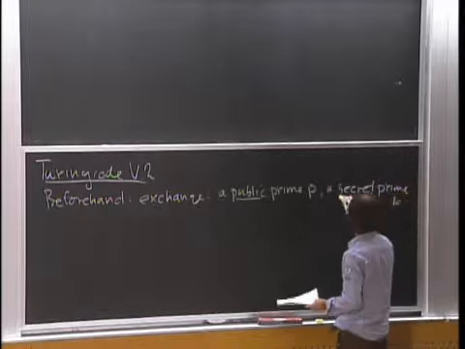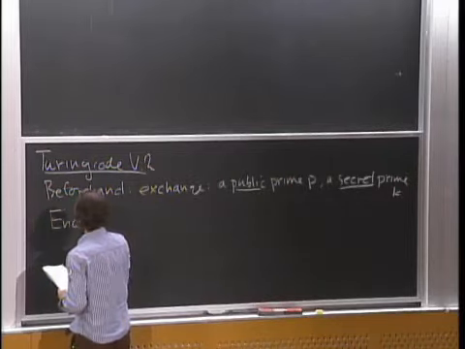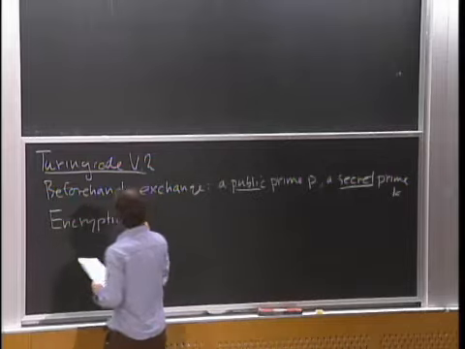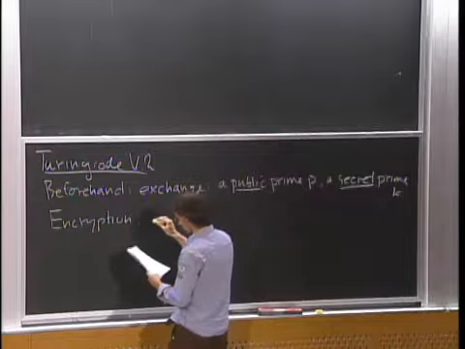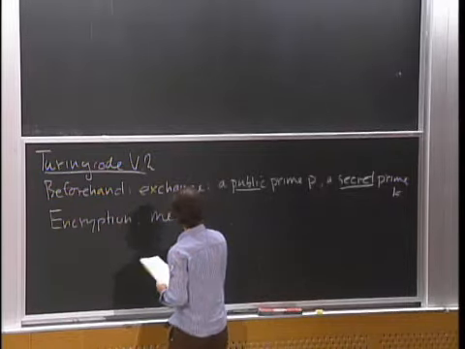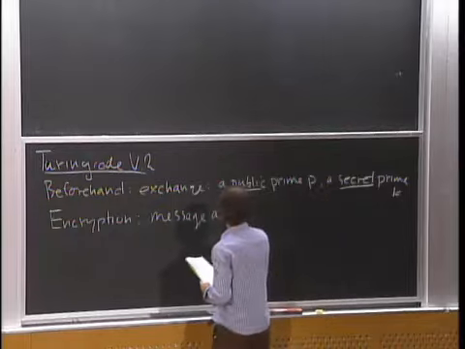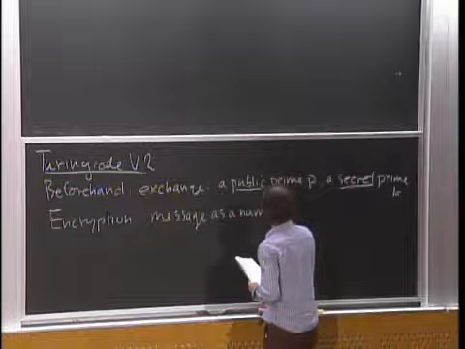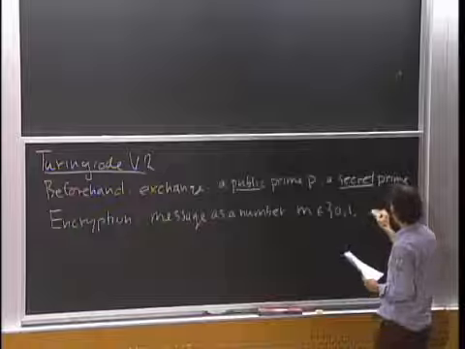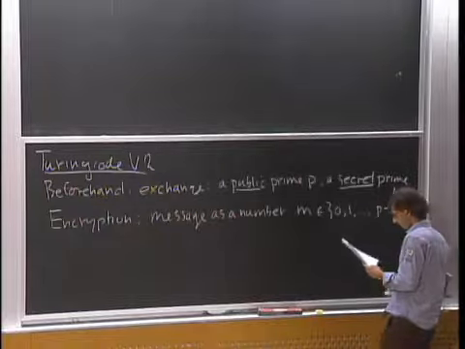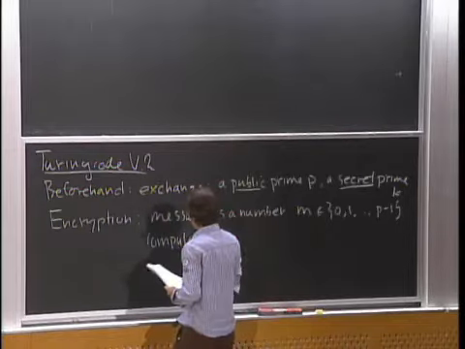Well, let's see whether this would work. We have an encryption. We're going to start out exactly the same way. First of all, I should tell you how a message is represented. A message is going to be represented as a number m in the range from 0, 1, all the way to p minus 1. And we will compute the encryption as follows.